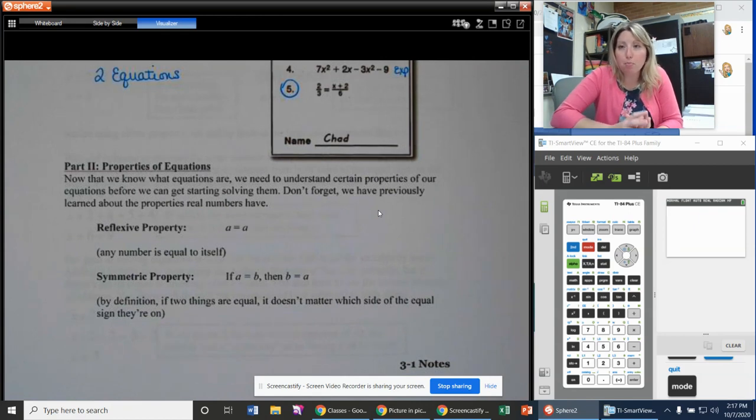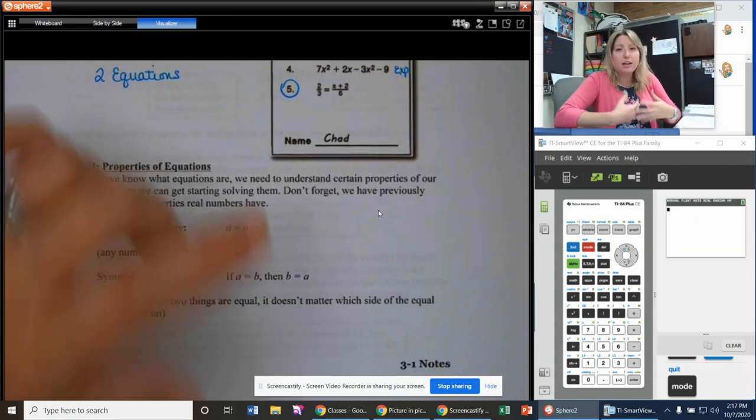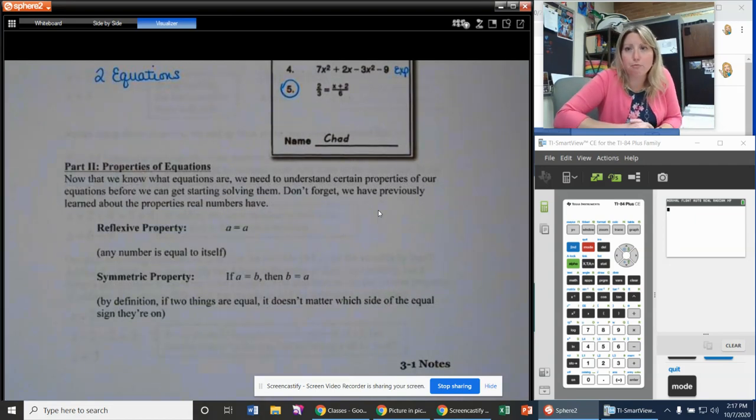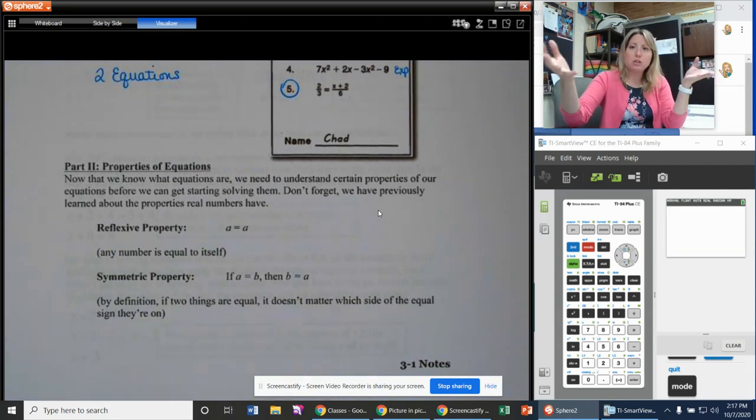There are a couple other properties that we kind of don't talk about a ton when we're talking about equation solving, but they're important. For example, the reflexive property, any variable is equal to itself. So x equals x. So if you've got multiple x's in your equation, they are all representing the same number.